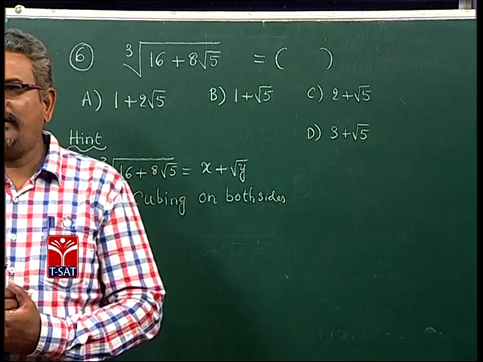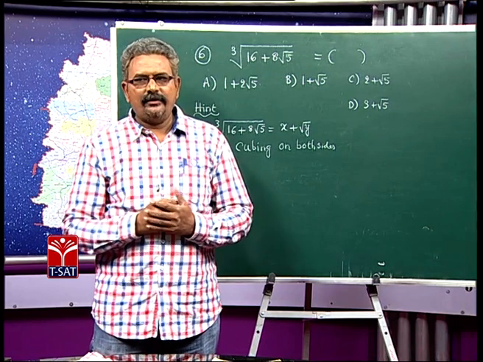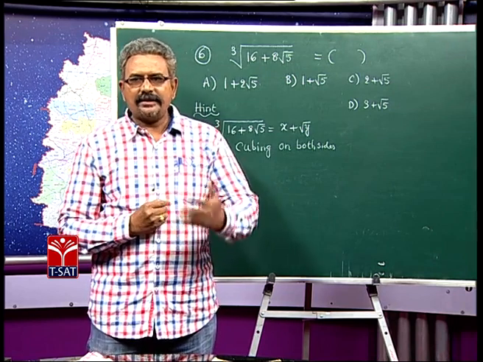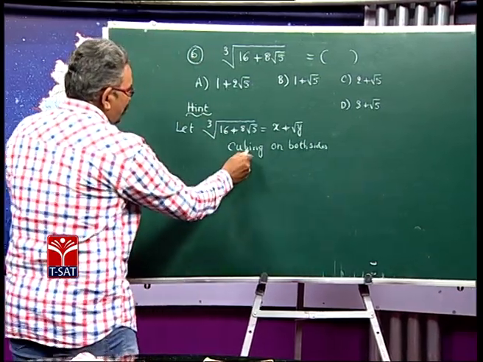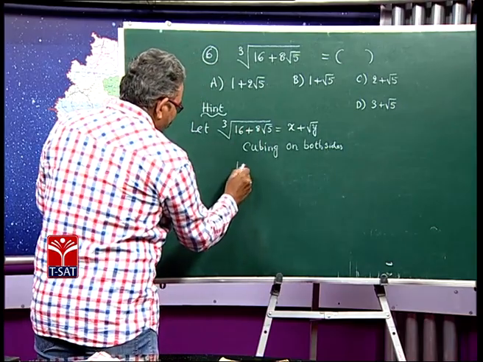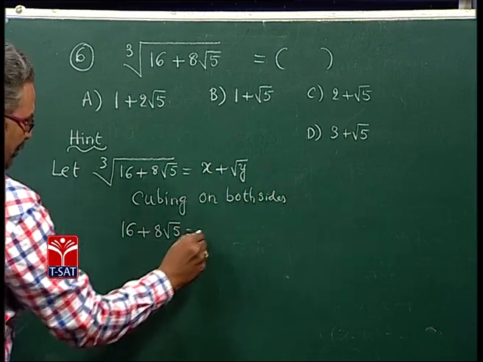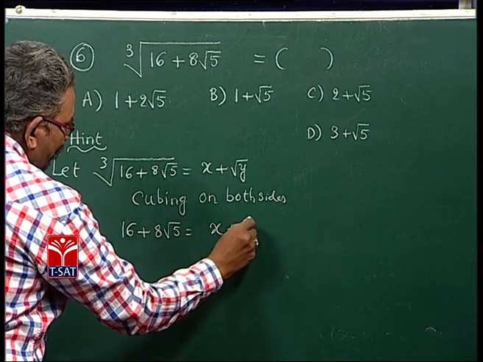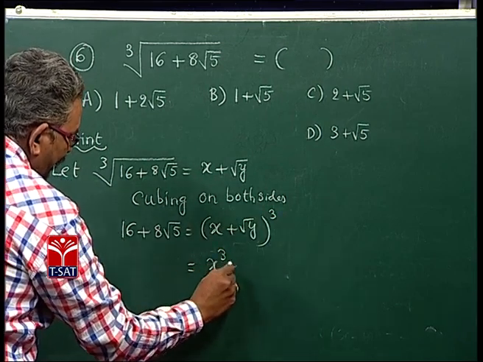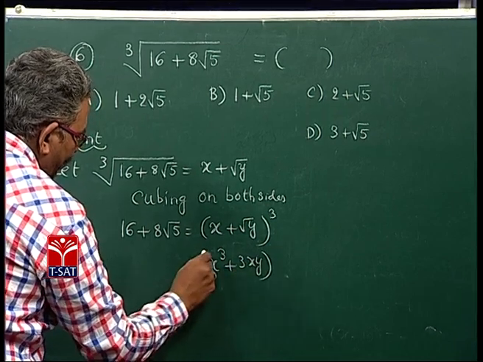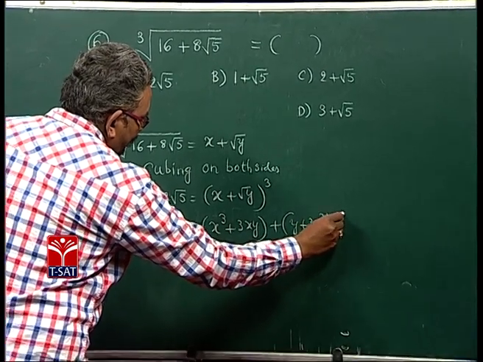You might have followed the first episode on surds. In the introduction session, we discussed (x plus root y) whole cube. So, that only I will write here. Cubing on both sides, left-hand side we get 16 plus 8 root 5, this side we get (x plus root y) whole cube, which equals x cube plus 3xy plus y plus 3x square root y.